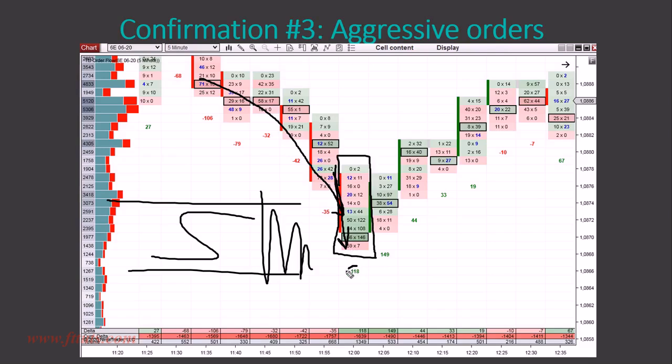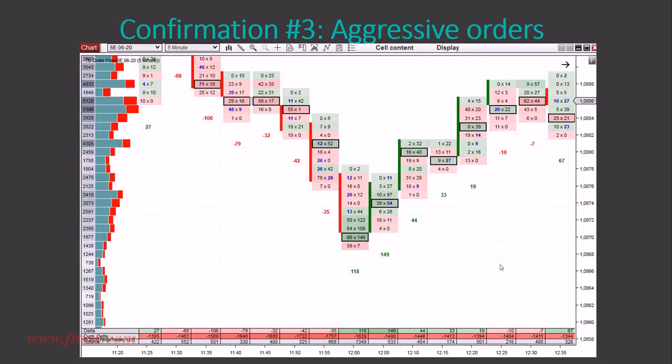But delta is positive, which is weird because the price is going downwards, but there are more aggressive buyers. So this is the first thing you should notice. Then you should notice this 146, 108, 122. That's aggressive buyers jumping in. Aggressive buyers with market orders jumping in. This is a signal for you to go long. As you can see, positive delta all the way.